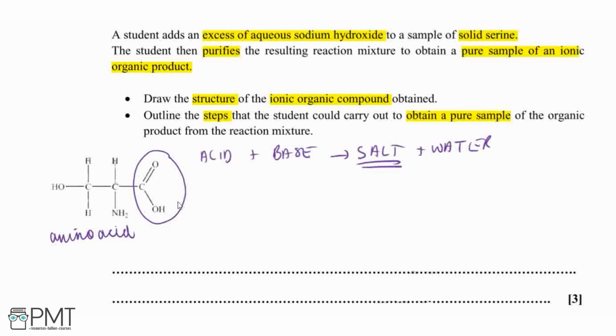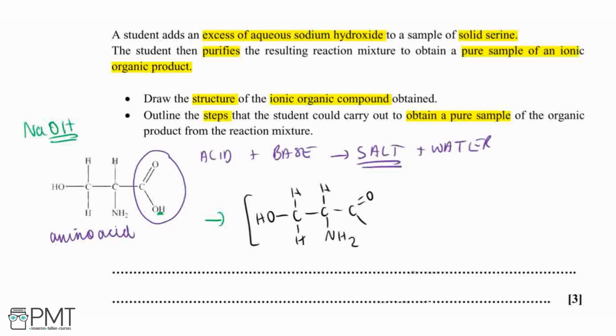So this is our donatable proton here from the acid group. And this is going to get pinched by the hydroxide ions from that sodium hydroxide. And what we're going to form is going to be our negative ion. So we've got a negative organic ion here where we've lost our acidic proton from that acid group.